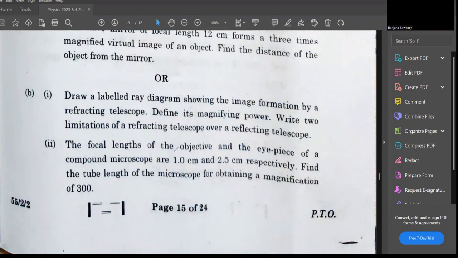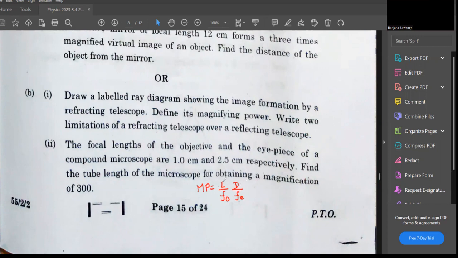The second part: the focal lengths of the objective and the eyepiece of a compound microscope are given as 1 and 2.5 centimeter respectively. Find the tube length for obtaining a magnification of 300. We know that the magnifying power is equal to L upon FO into D by FE when the final image is formed at infinity.